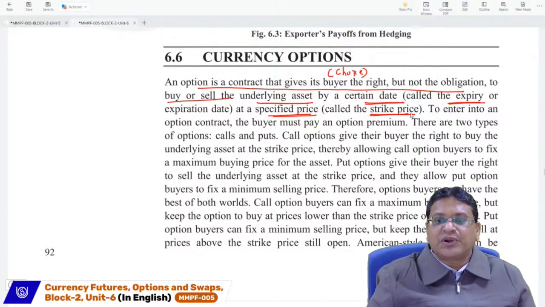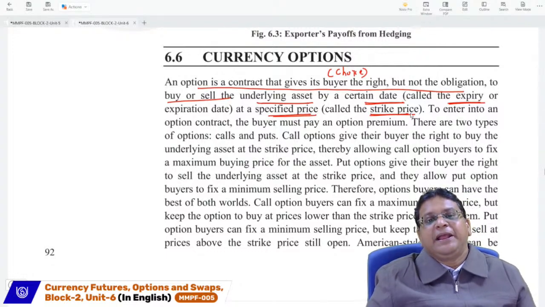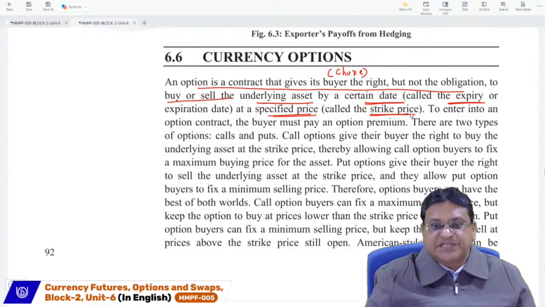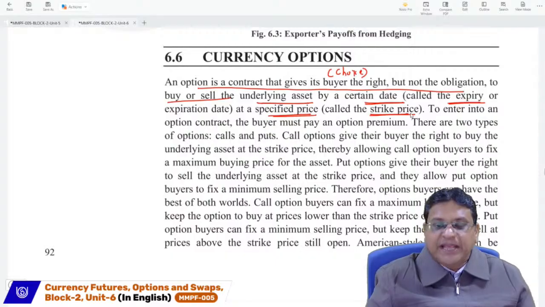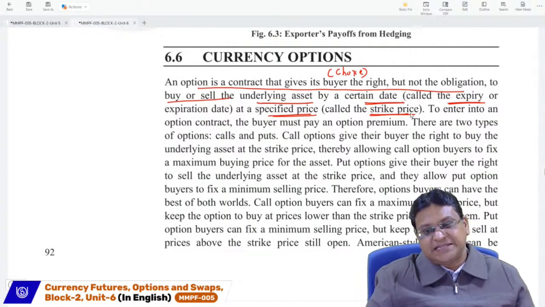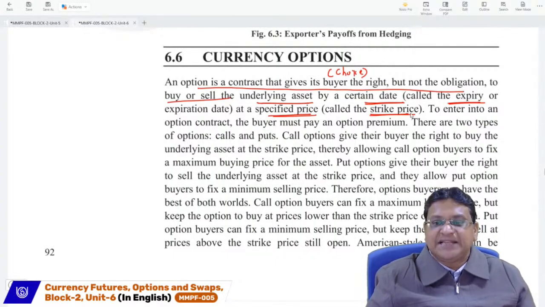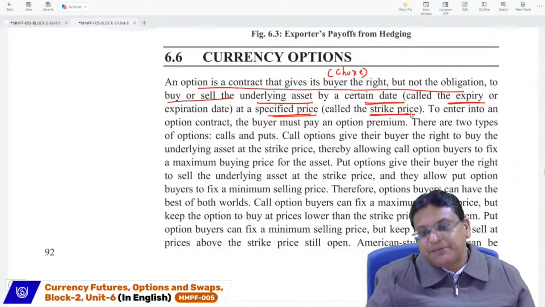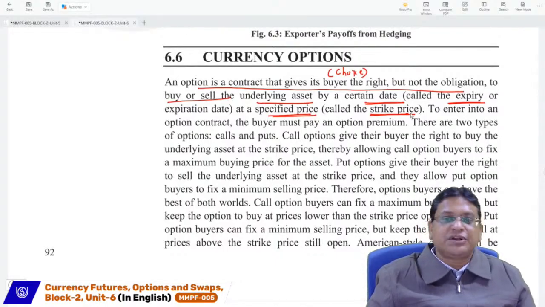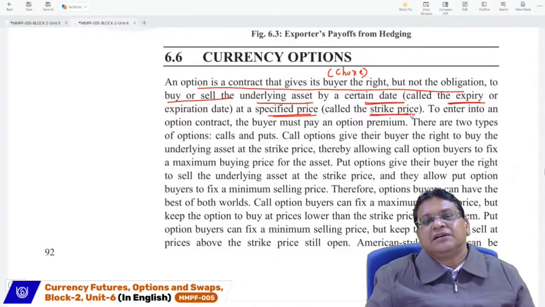So in an option contract, the choice may be to buy an underlying asset or sell an underlying asset, at a fixed, specified price known as strike price, on a future date known as the specified date or expiry date.